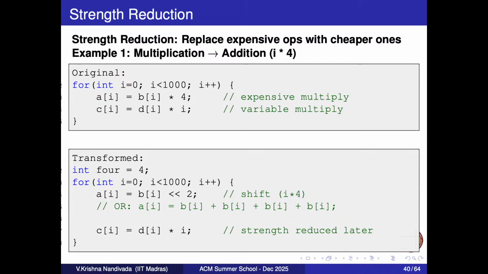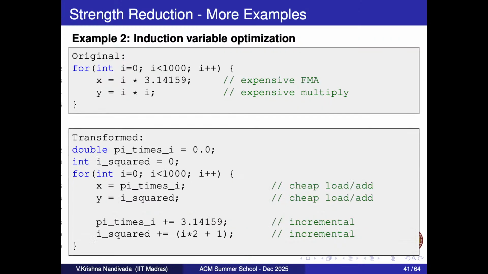Let's say instead of D sub I, this is some Z times I. We could have done what we just did, replacing Z times I with continuous addition.